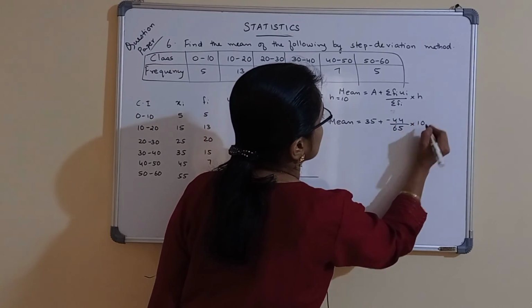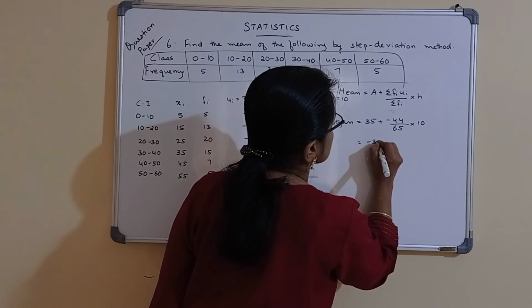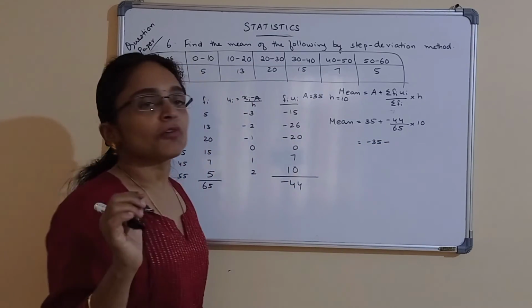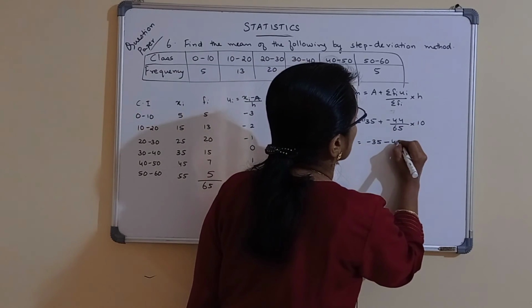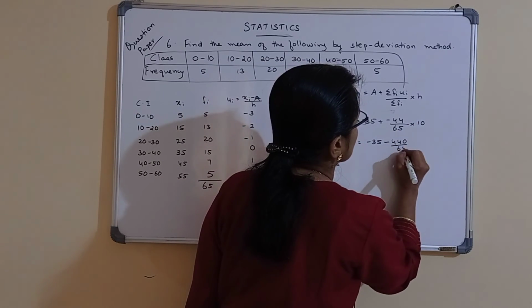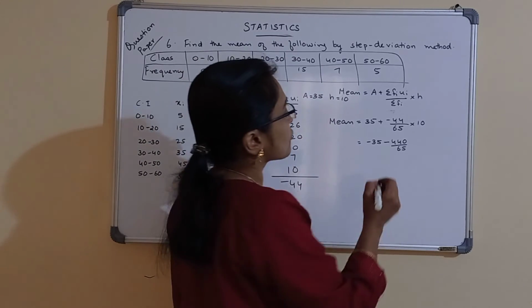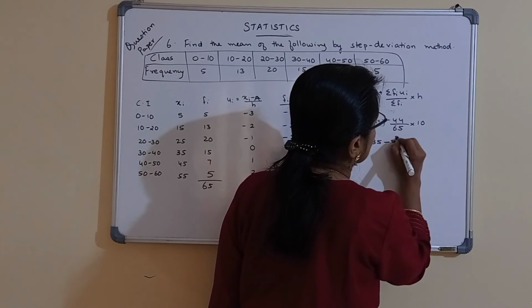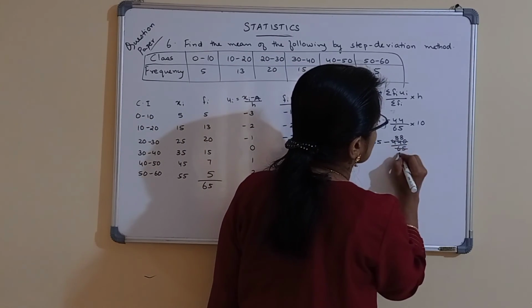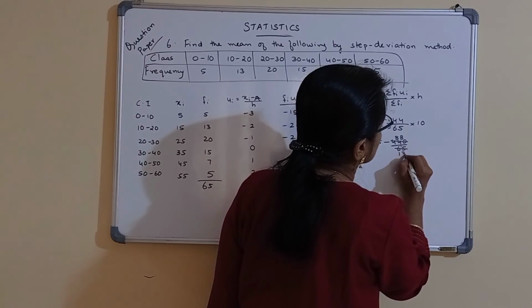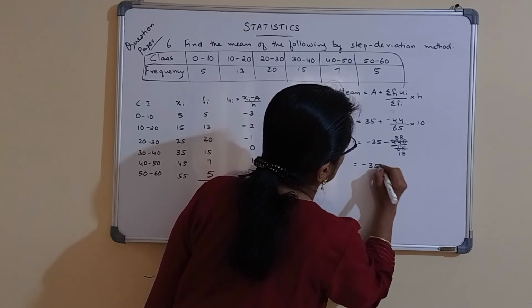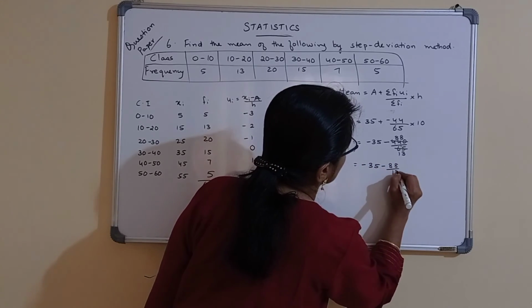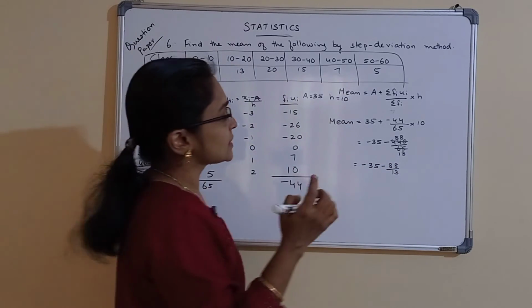h, which is 10. So this is equal to 35 minus 44 by 65 into 10, which is 440 by 65. And 5 will go in this 88 times and here 13 times. So this is equal to 35 minus 88 by 13, and here the LCM is 13.